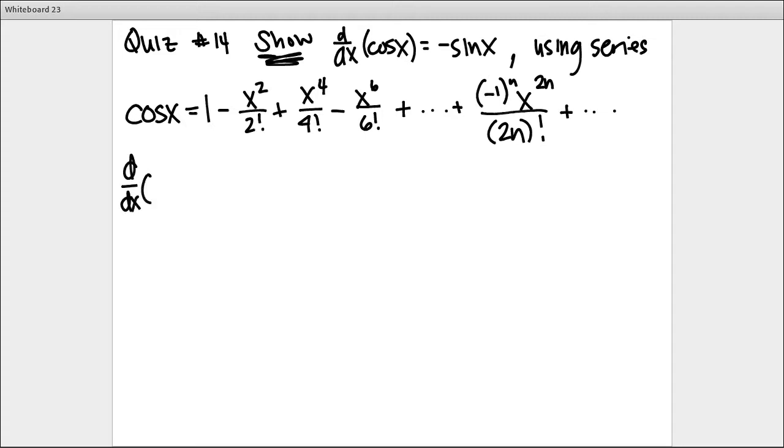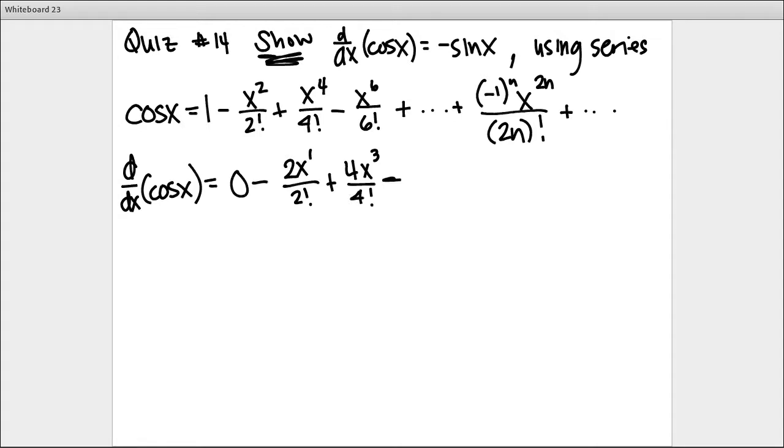Derivative of cosine would be, show this work, right? This is the part of don't just jump to negative sine's power series, because yeah, it would be cheating. Okay, so derivative of 1 is 0. Then you have a pop and drop, 2x to the power of 1 over 2 factorial. Then you would have a 4x cubed over 4 factorial.